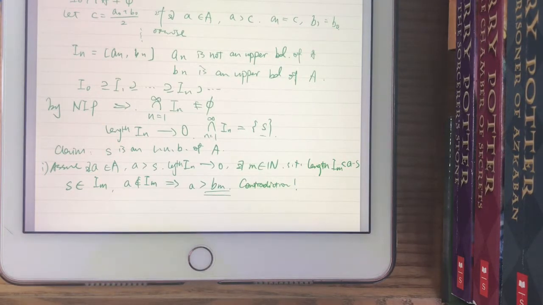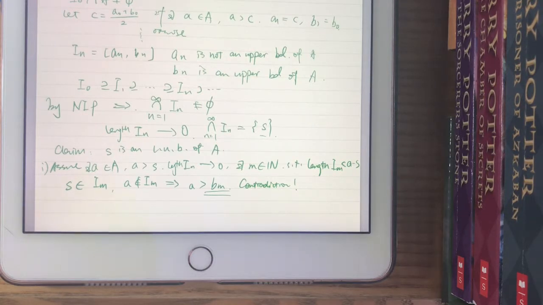We are claiming S is a least upper bound, so we first show S is an upper bound. And how are we going to do that? By contradiction, we first assume S is not an upper bound. That is to say, there will be some element in A that is larger than S. And we know that it's not going to happen. So S must be an upper bound. And the second part is to show that S is a least upper bound.